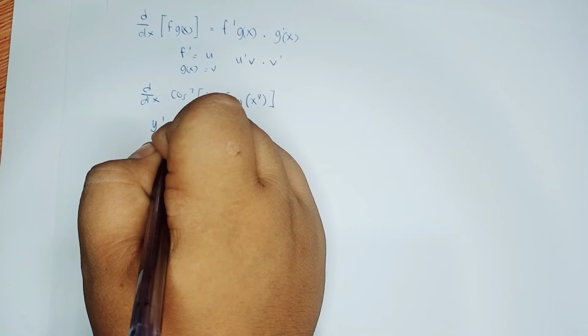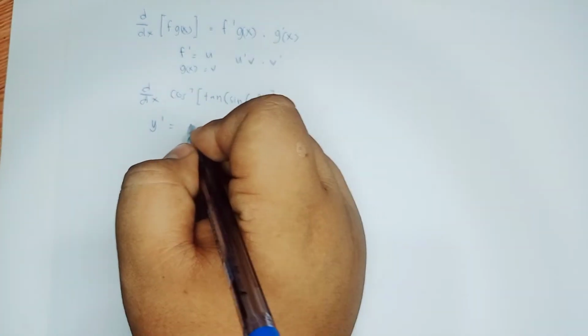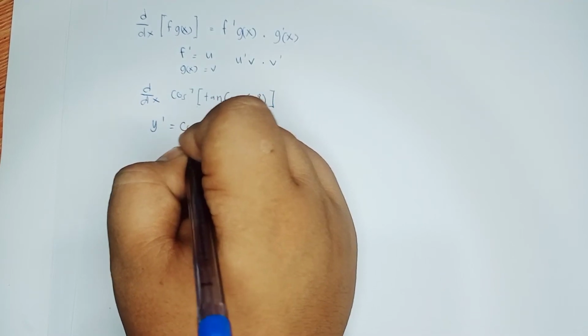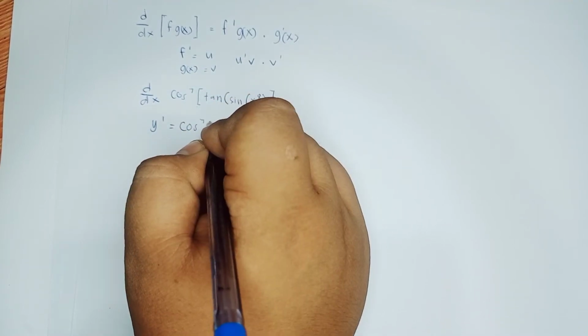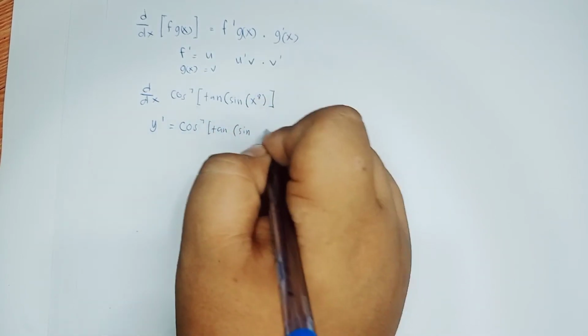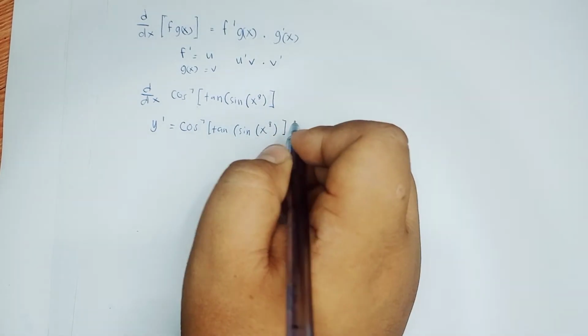y prime is equal to cosine of tan of sine of x raised to 8, all raised to 7.